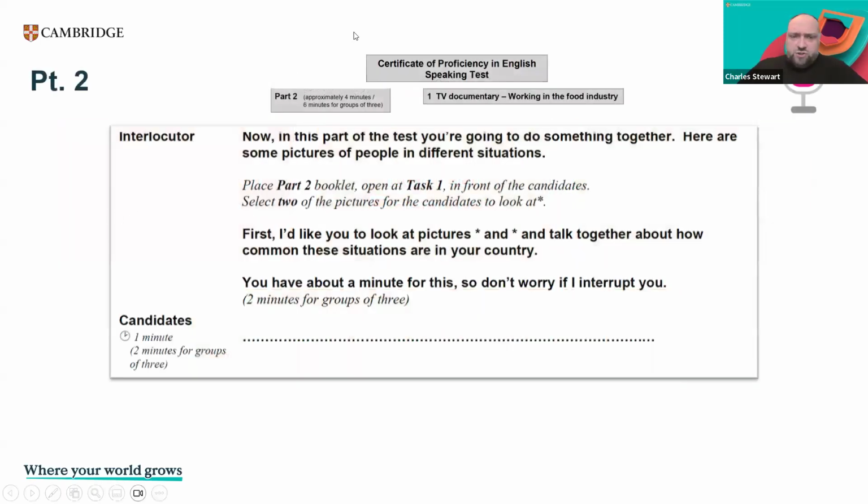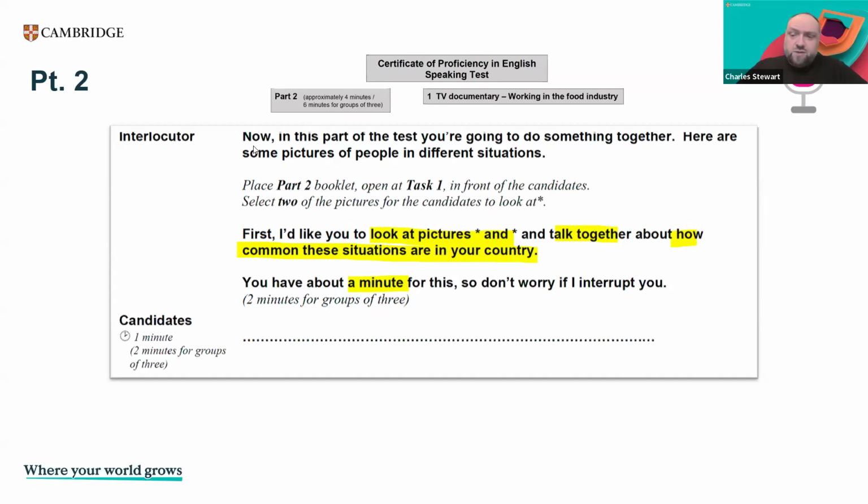So if we look at part two, one of the more problematic parts, in the first part of part two, you will see this. The interlocutor, or the examiner at the table with you, will say, now, in this part of the test, you're going to do something together. Here are some pictures of people in different situations. First, I'd like you to look at the pictures and talk together about how common these situations are in your country.